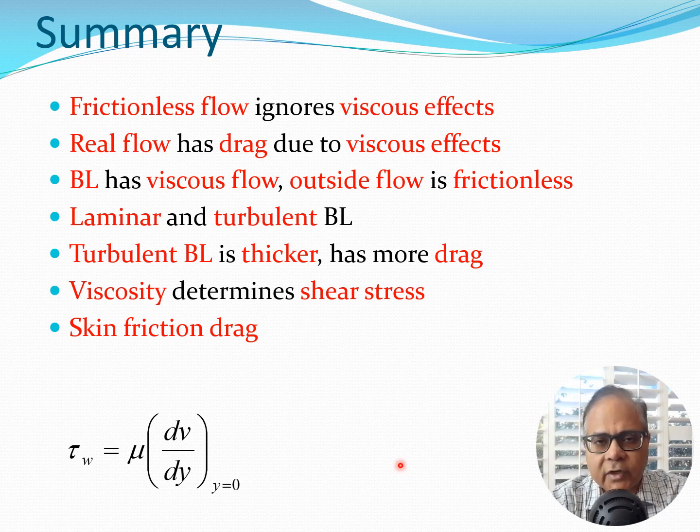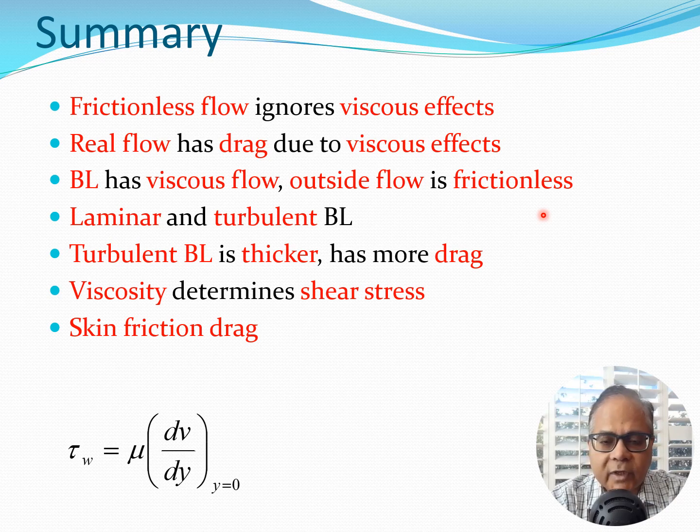So let's summarize whatever we learned in the lecture today. We saw that frictionless flow, which we have been discussing until now, completely ignored viscous effects. Real flow has drag due to the presence of viscous effects and also flow separation which takes place. Now the boundary layer has viscous flow and the outside flow is frictionless.